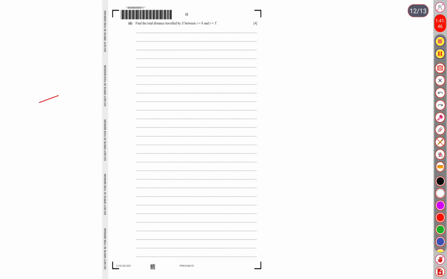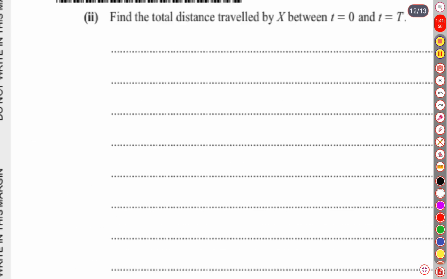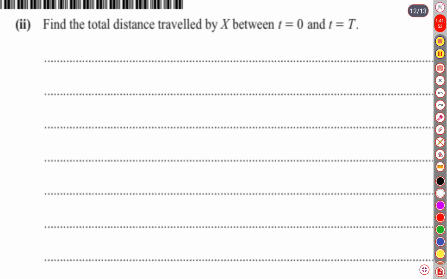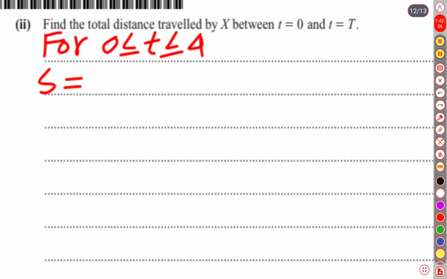So for the first phase of the motion, let us write the duration from 0 until 4 seconds. Our s is equal to 0.3 t square plus 0.6 t.